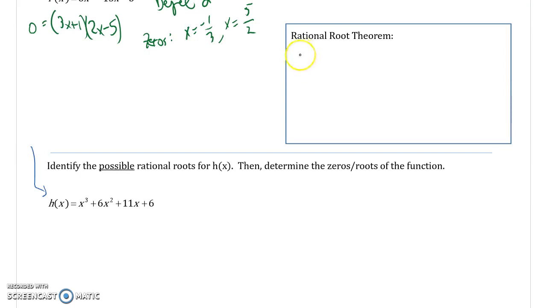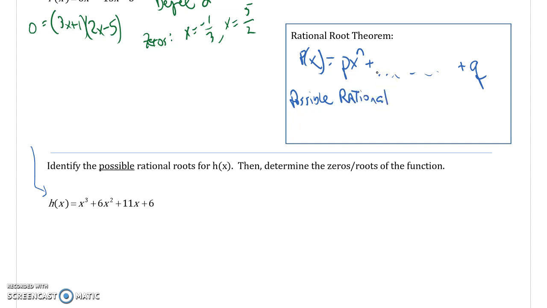Essentially, what the rational root theorem says is if you have some polynomial, p of x, of degree n, where the highest degree term has a coefficient of p, and its lowest term, its constant, is q, then the possible rational zeros or rational roots are the factors of q divided by the factors of p.